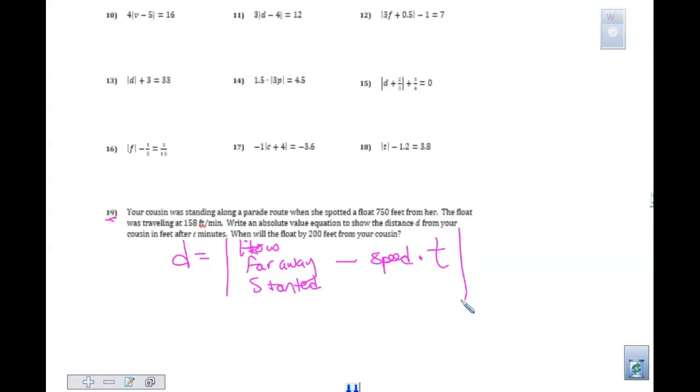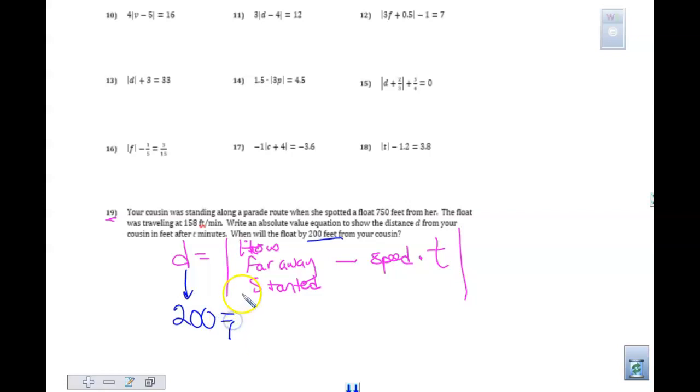How far away did they say you were going to be when we read that question? It said I want to know when the person is going to be 200 feet away, so this is the 200 feet. That's my distance. I'm probably not going to put the label feet with it, just the 200.